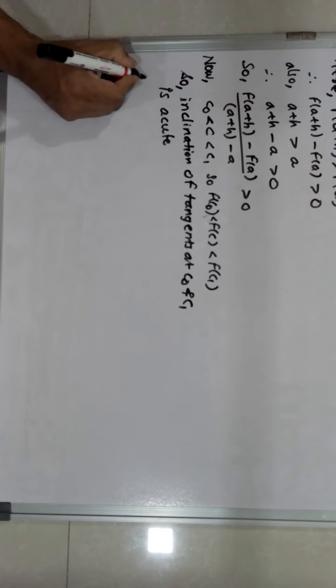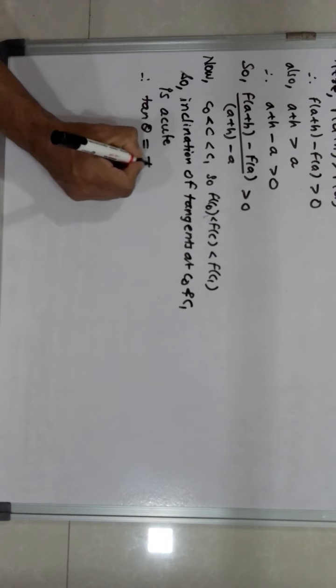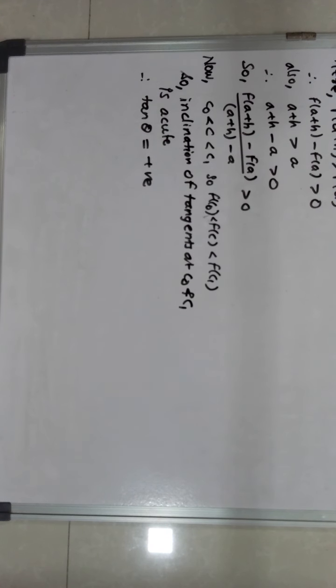So this means the tangent ratio of it is always positive, right? It is neither zero also, but it is only positive. So if it is positive, let me go to the definition of tangent in terms of derivatives.